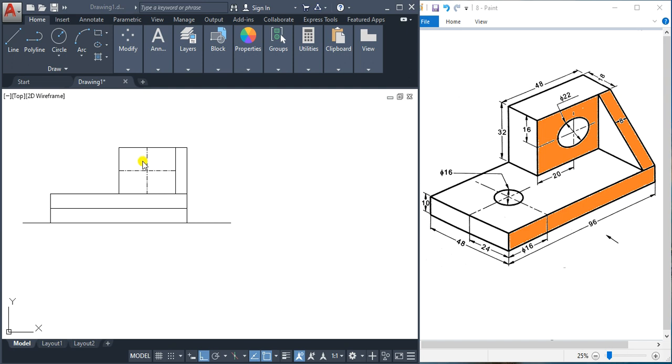Like this we'll draw axis lines here, and we'll draw this circle of diameter 22. So we got center here. From this center we'll draw a circle of diameter 22. Diameter 22 means radius is 11, we know. So this is the center and radius will be 11. Like this you can draw a circle.